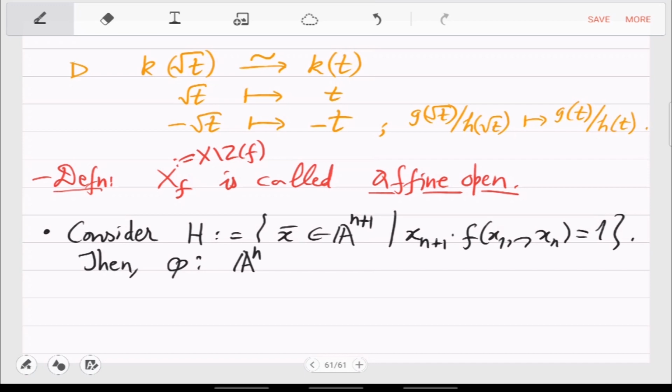I want to map affine n space minus Z(f) to H as follows.